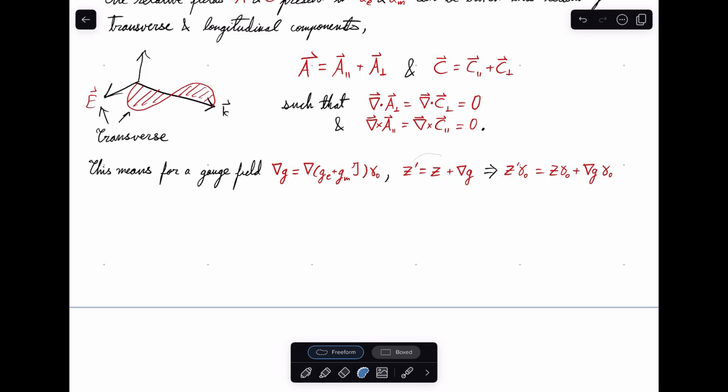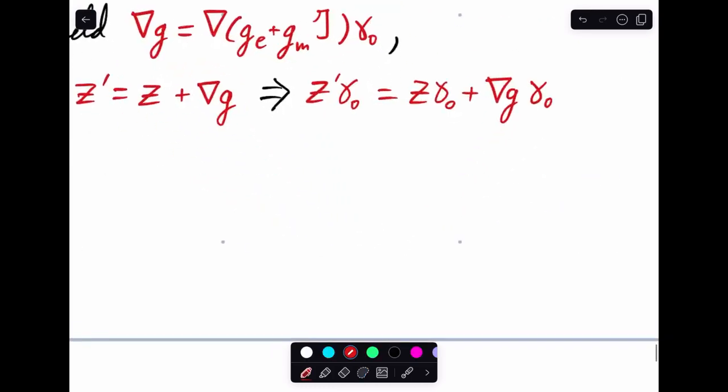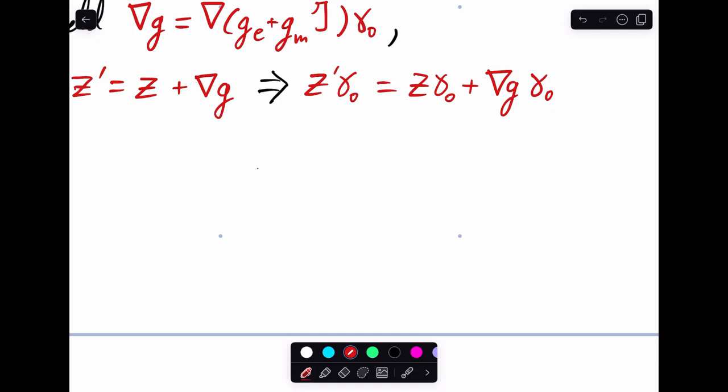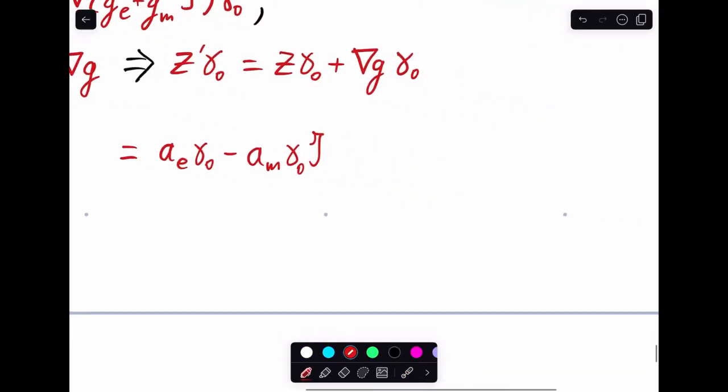So let's move this down here. And then we can expand this out, so we get AE gamma naught minus AM gamma naught I. There's a minus sign here because this gamma naught commutes with the pseudoscalar, plus gradient of G gamma naught.